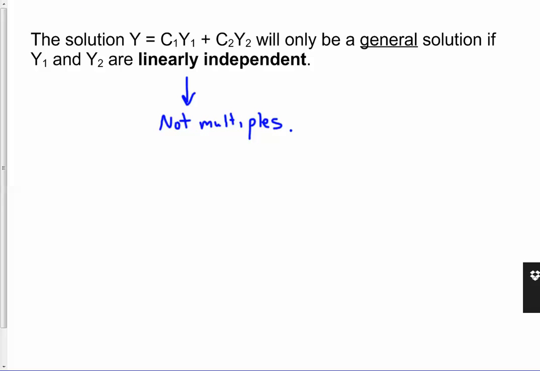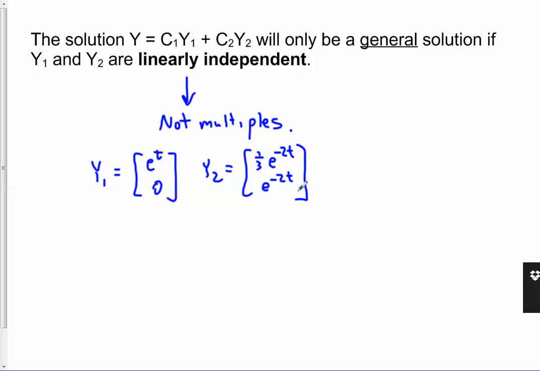Because in that last problem, for example, instead of y1 being (e^t, 0) and y2 being (0, 1/3 e^(-2t)), what if instead I had just gone with y2 equals (7e^t, 0)? That is a solution, just like (e^t, 0) is.